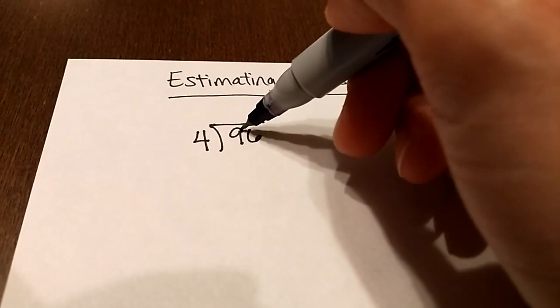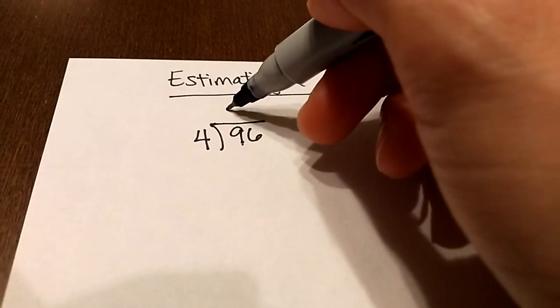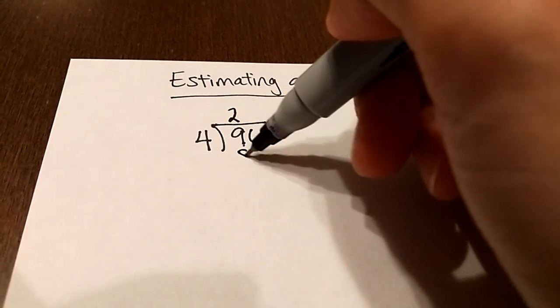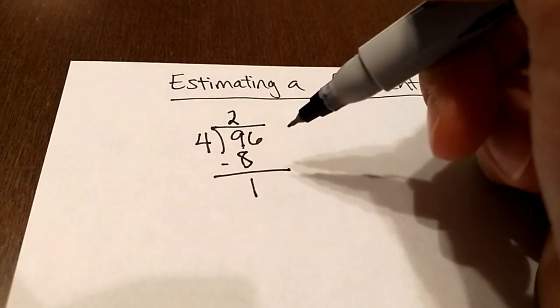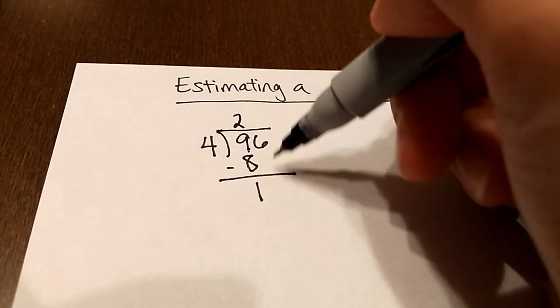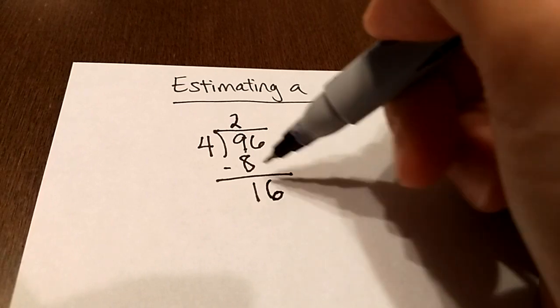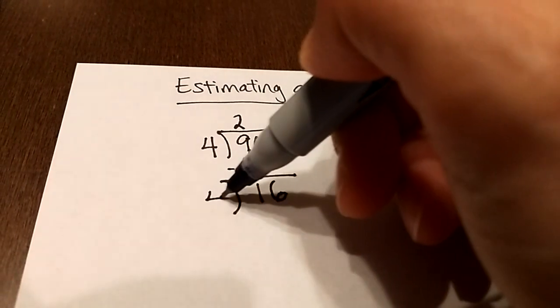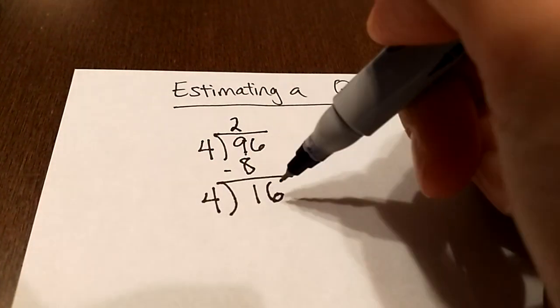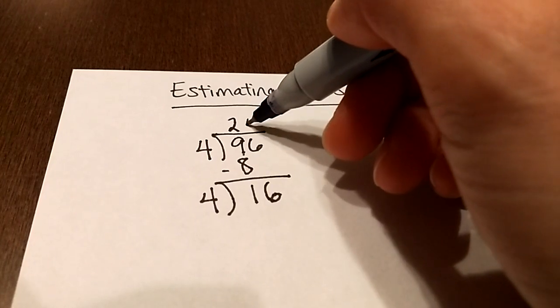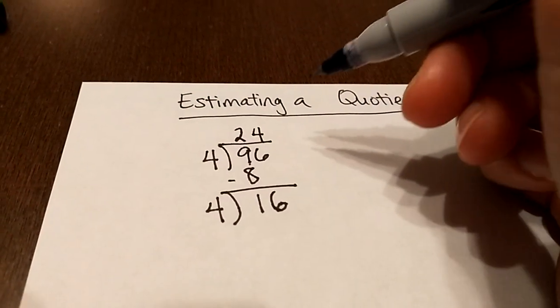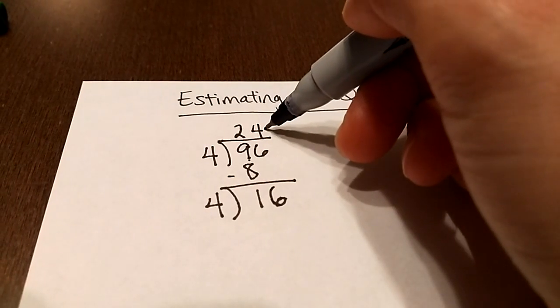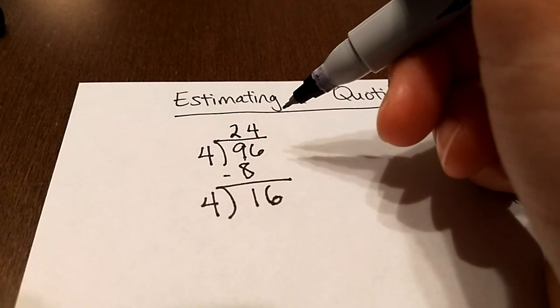So 9 divided by 4 is going to give me 2, and I had 1 left over. Bring down the 6 ones. Now I have to divide that by 4. 16 divided by 4 is going to give me 4, so 24. There is my quotient. Now I want to check whether or not that quotient is reasonable.